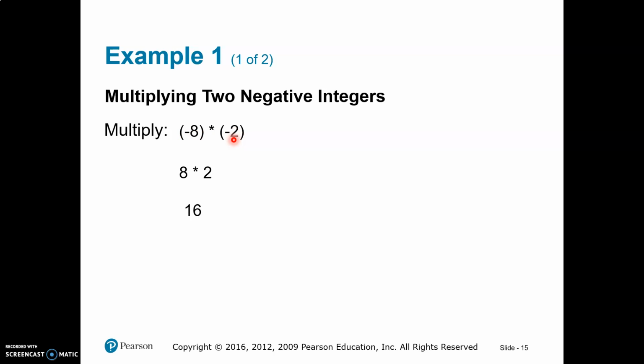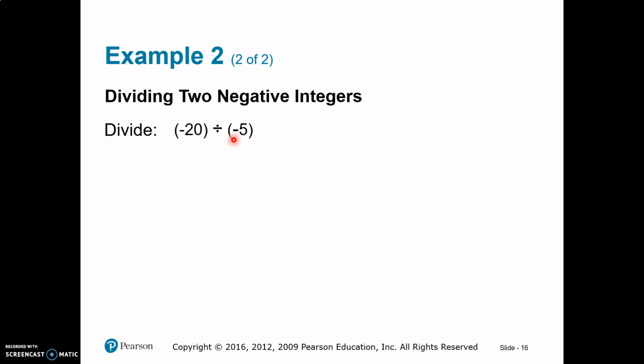Okay, so two negatives make it a positive. Same thing with division. Negative 20 divided by negative 5 is still a positive, so positive 4.